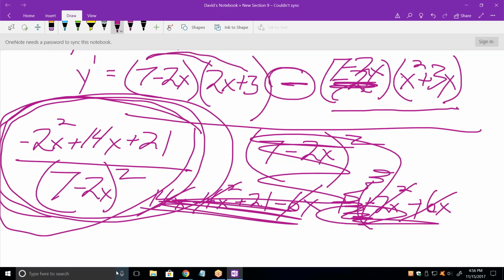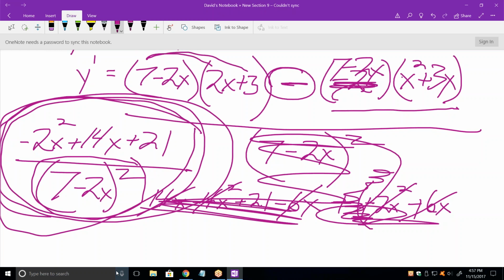And this time I will end up with 7 minus 2x in two places in the numerator and still in the denominator. So I will be able to factor out a 7 minus 2x and cancel it with, I'm going to have 4 of them, because when I take the second derivative of it, I got to square that. So it's 7 minus 2x to the 4th power.